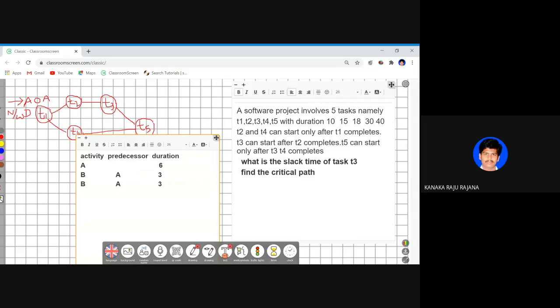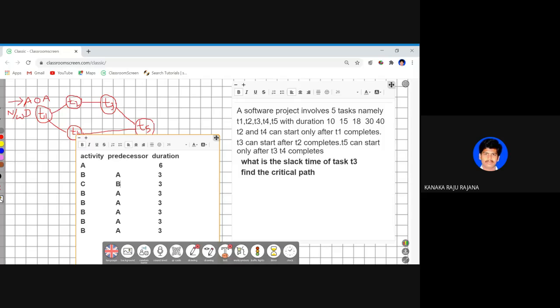Why I'm saying all these examples is to make your path analysis easy. You need to practice at least 5 examples. C, this is B. Note down the question.